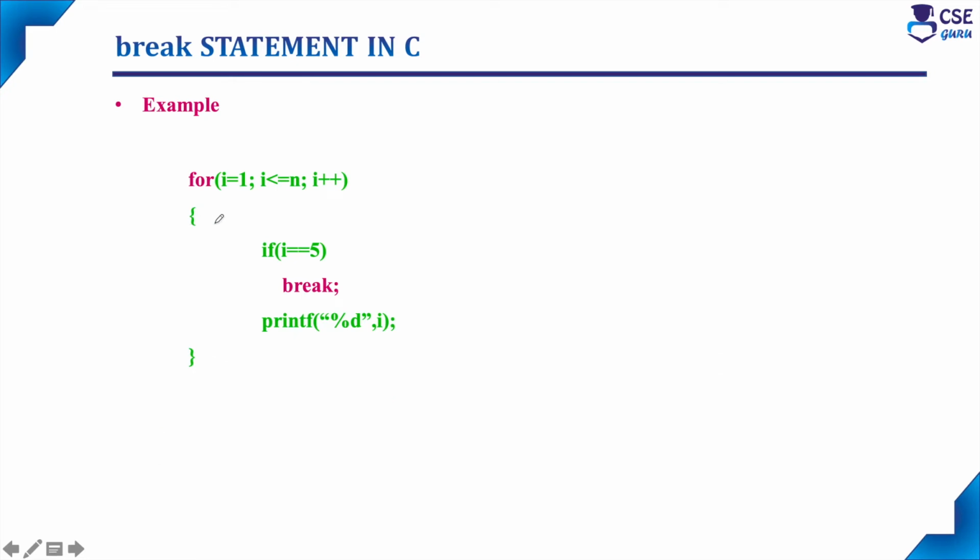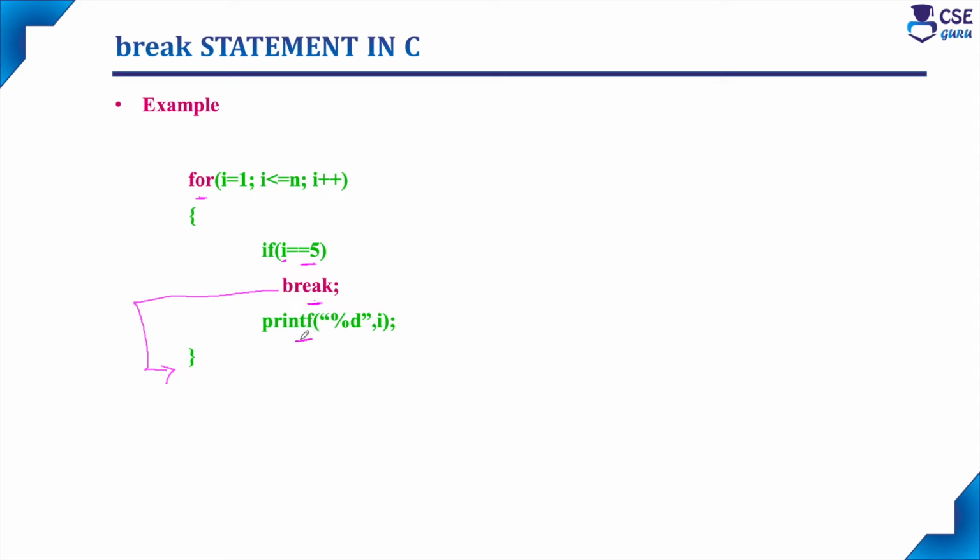Consider an example: this is a for loop, and inside the for loop, if i is equal to 5, then break. When i reaches 5, it breaks, and control is transferred out of the loop. It won't execute the loop again. It will terminate the loop and execute the next statement in the C code.